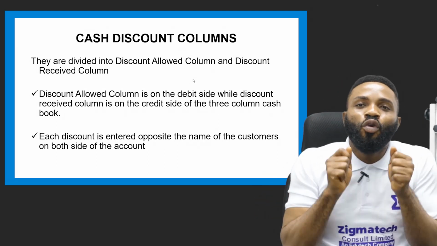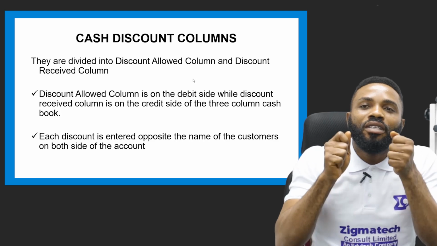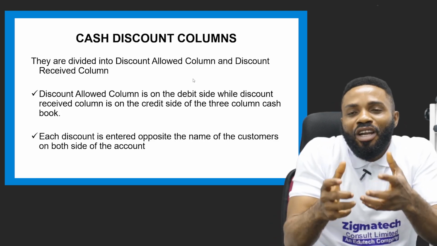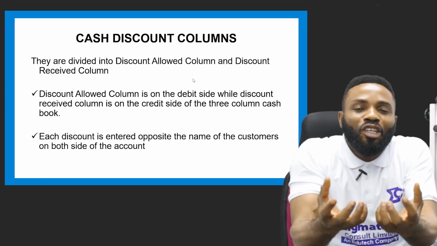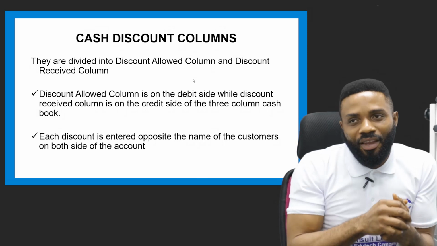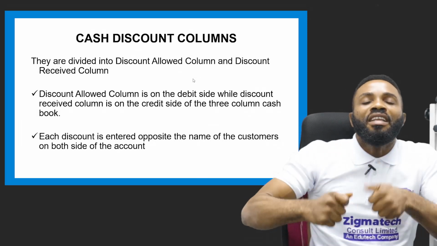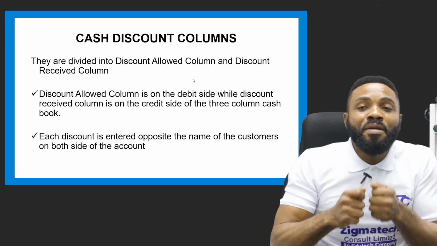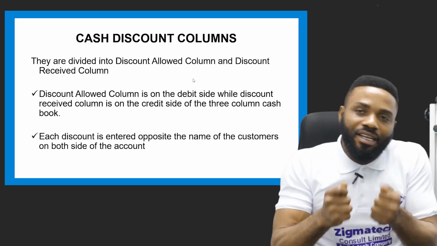Simple. You only allow discount during sales. It's only when money is expected to enter your hand that you remove some part of the money. And it's only when money is leaving your hand that you receive discount. You know, for every buyer, there must be a seller.